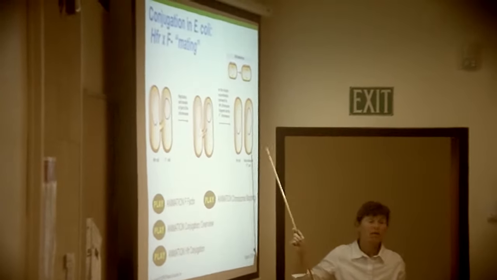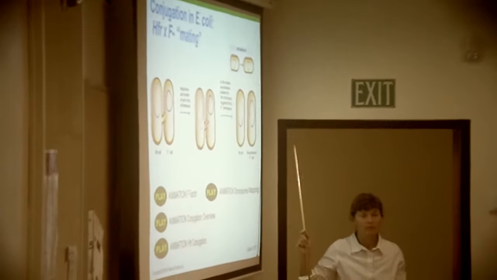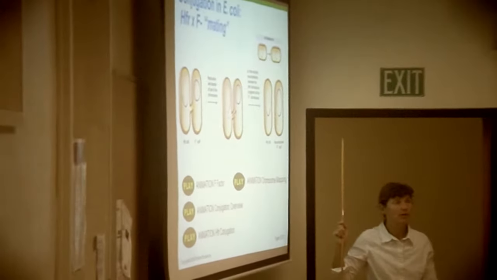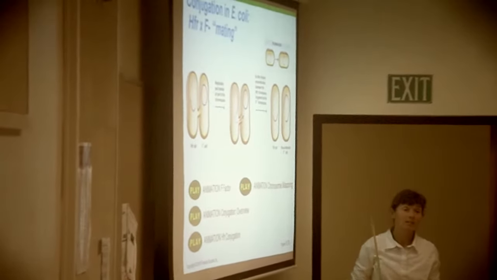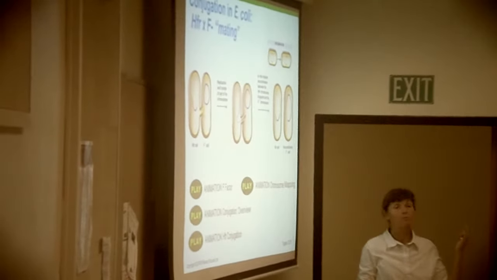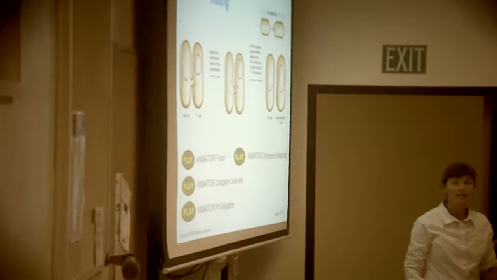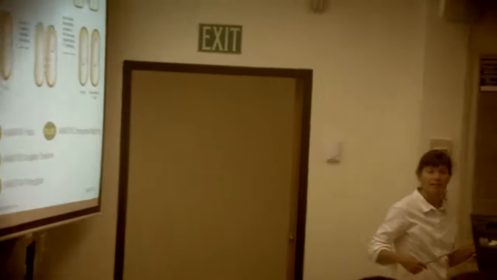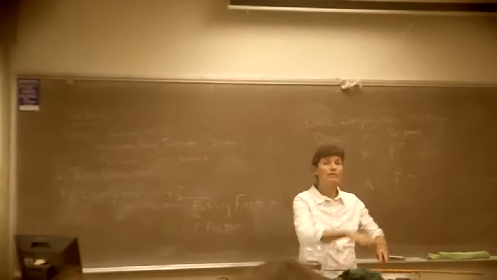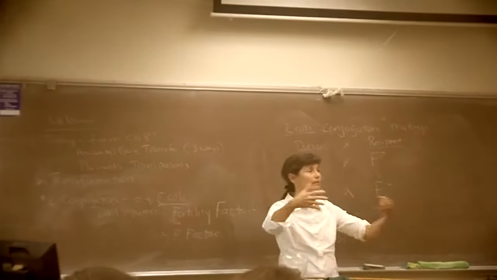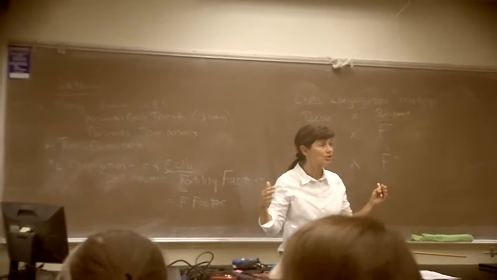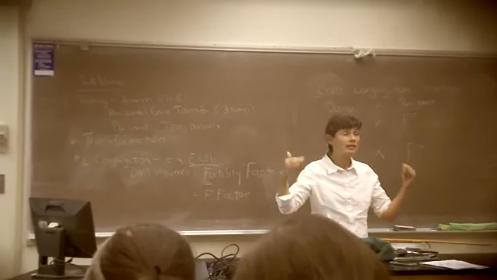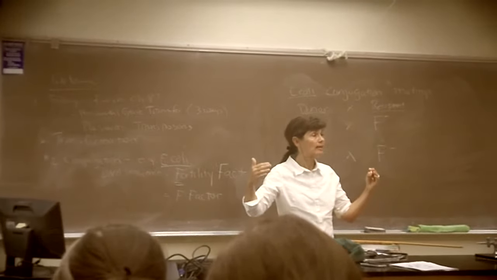And so F negative recipients conjugating with HFR donors can acquire lots and lots of new genetic information and still remain recipients. So it's a fantastic way to acquire new genes. And you guys, with bacteria, we're talking about survival of the population. So anything that increases genetic diversity in the population increases the chance that that population will survive better in a changing environment.